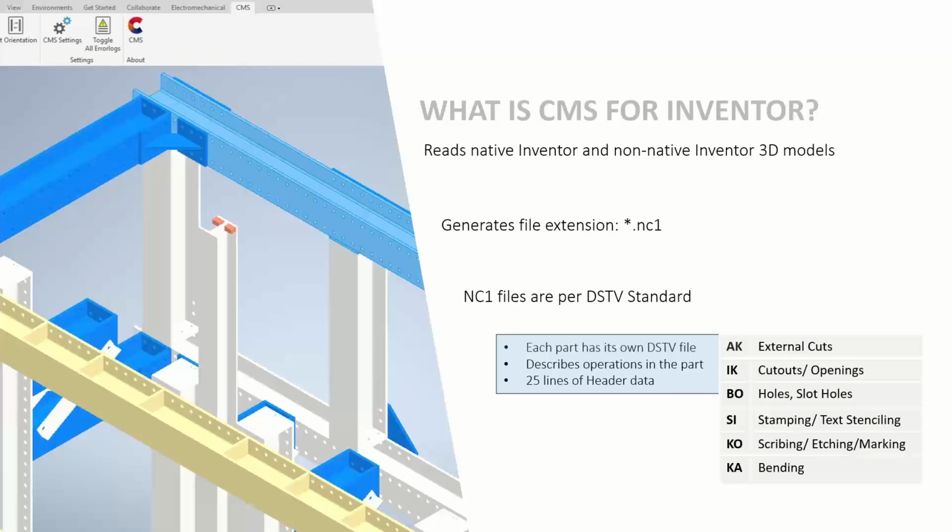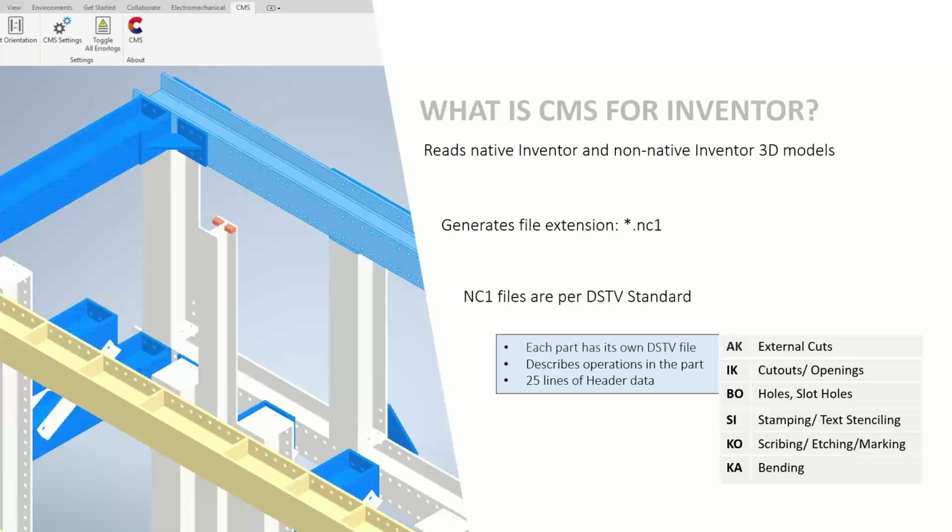Any opening will be an IK block. Your slots and holes will show up as a BO. Your text stenciling and stamping will come as an SI block. Your scribing and marking contents will come as a KO block. And if you have any kind of bending operations, let's say you're working with sheet metals and you have bent profiles, then it will come as a KA block, right?